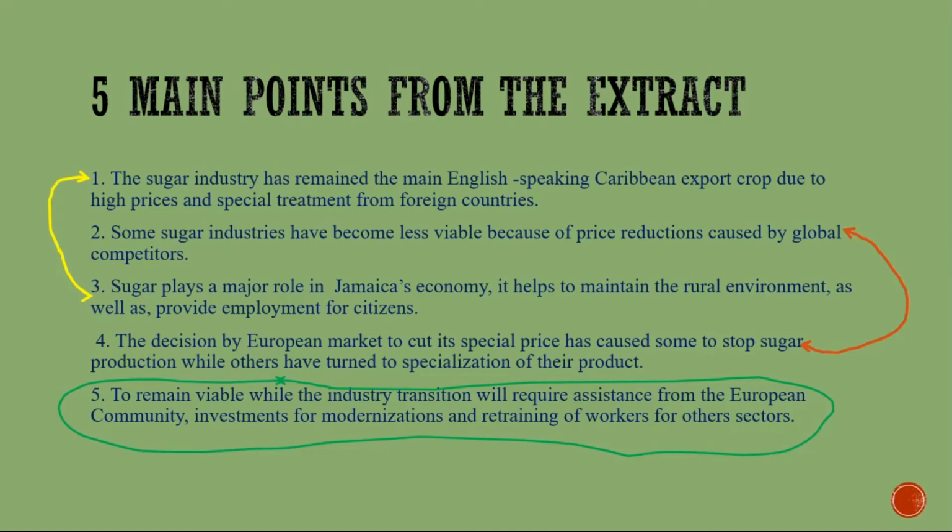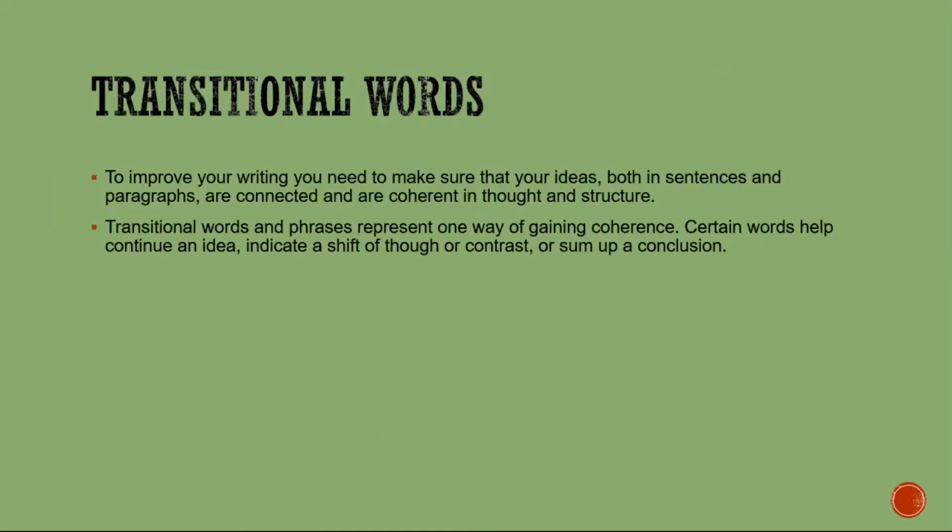Once you have decided what ideas you are going to be combining based on their similarity in context and idea, then it is time for you to think about what transitional words you are going to be using. Remember that transitional words are words that are used to improve your writing, as you need to make sure that your ideas, both in sentences and paragraphs, are connected, and that these, when connected, are coherent in thought and structure.